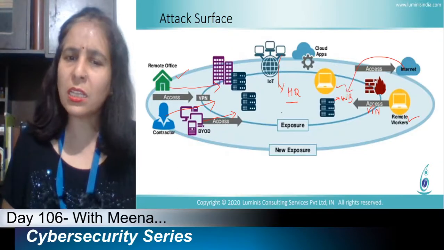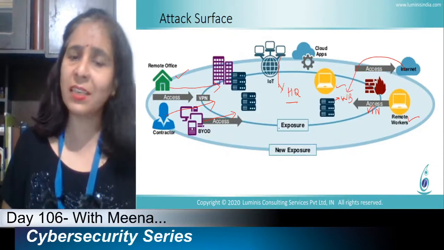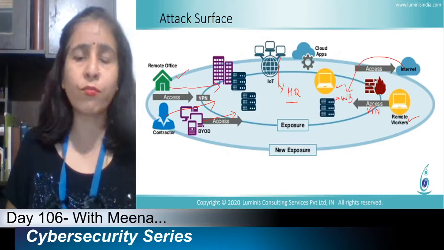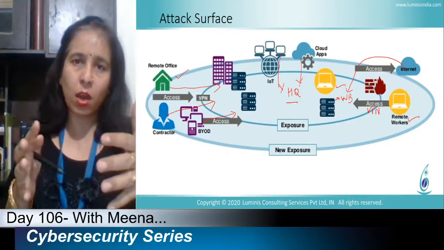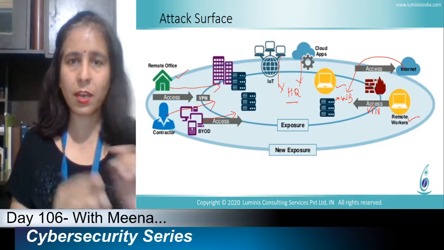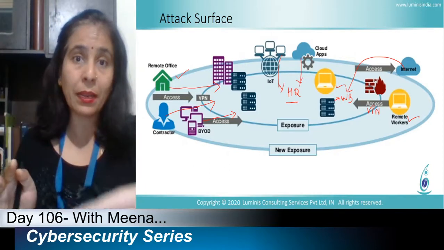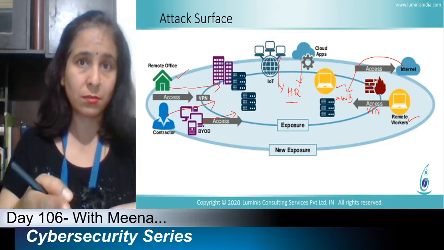So in this diagram you can see there are a number of ways we are giving access to our corporate network, so there are a number of ways people can enter our network.